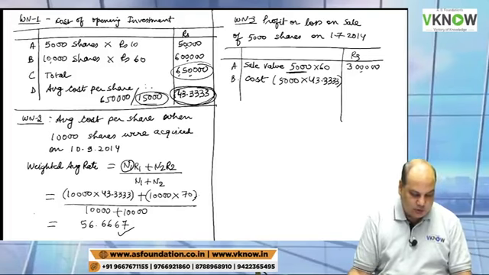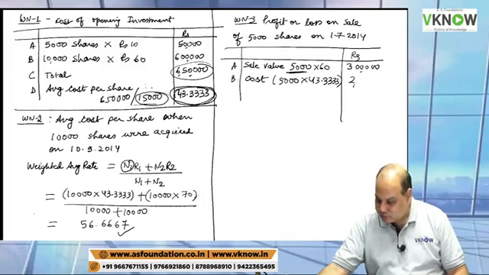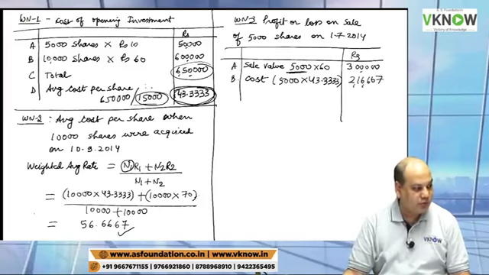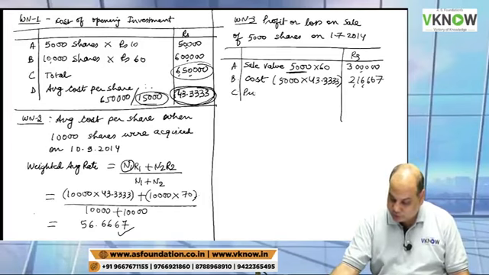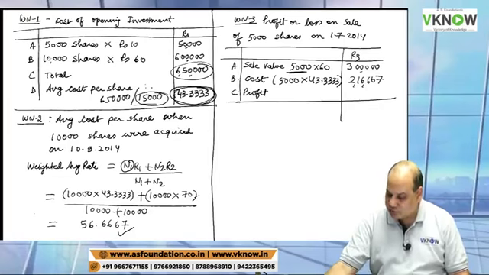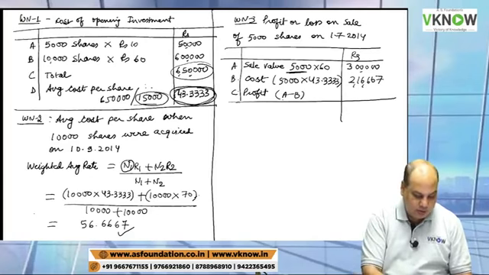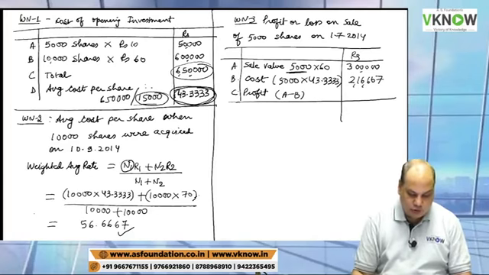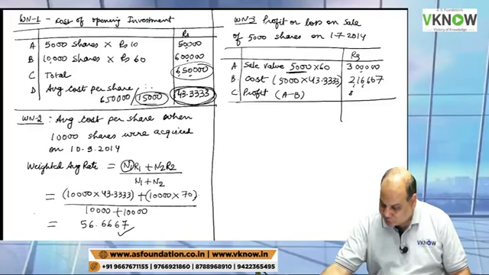That is almost 216,667. Now I hope you understood. Therefore profit on the first sale is A minus B. So kindly reply, what is your profit when you sold the first lot?